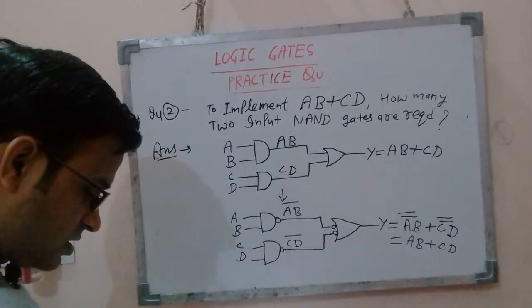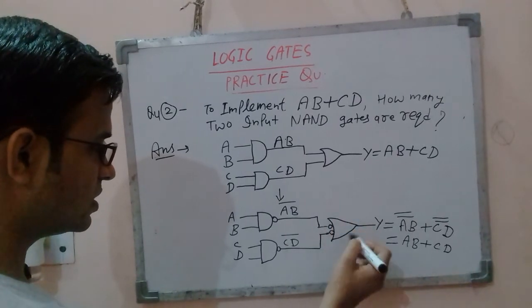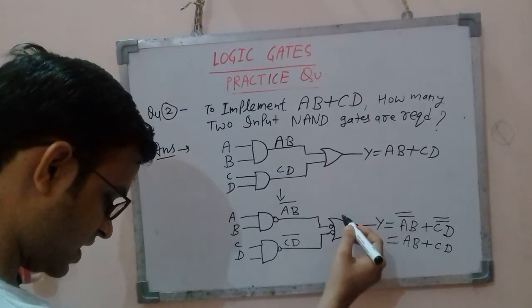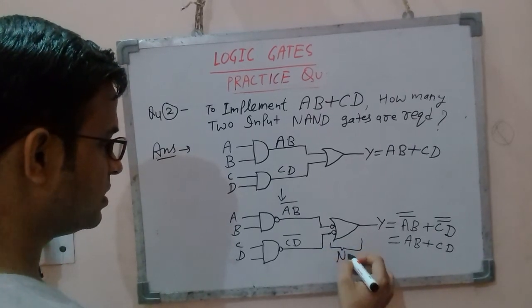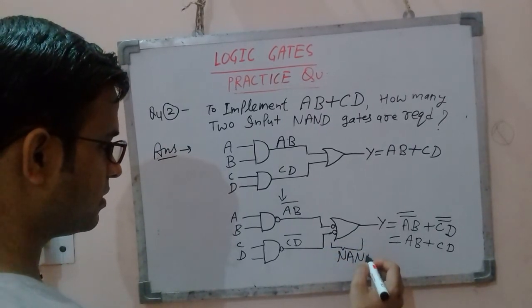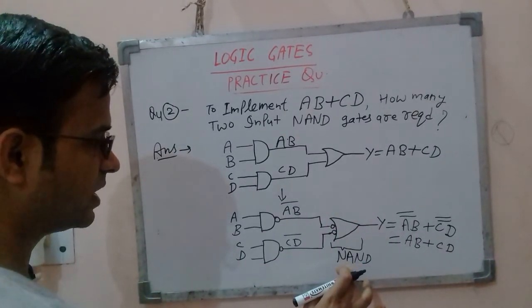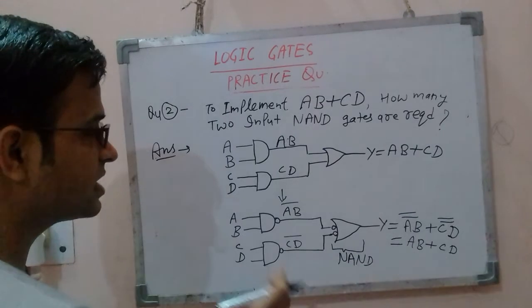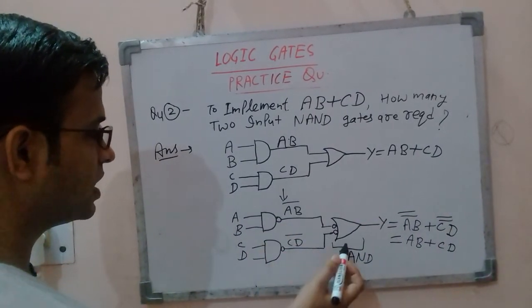Now see here, this bubbled OR gate is acting like a NAND gate only. I told you just now, this is nothing but a NAND gate, right? A bubbled OR gate is nothing but a NAND gate. So tell me how many NAND gates are required to implement AB plus CD. Tell me 1, 2 and 3.